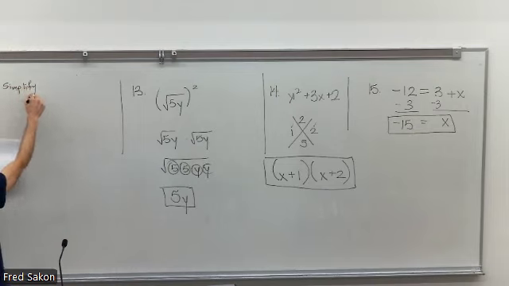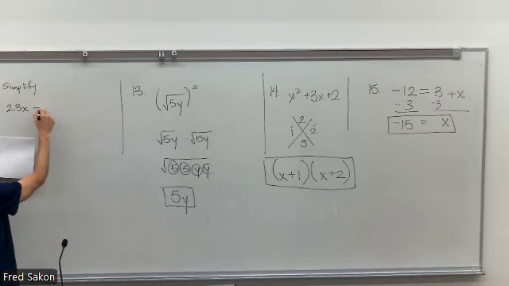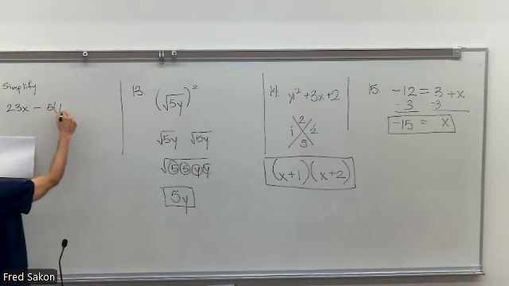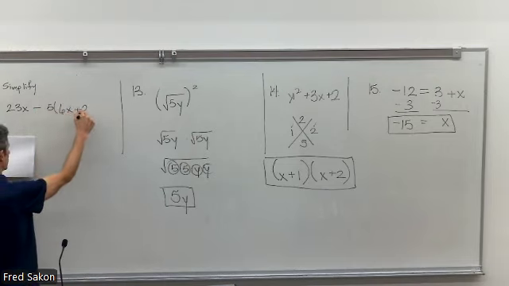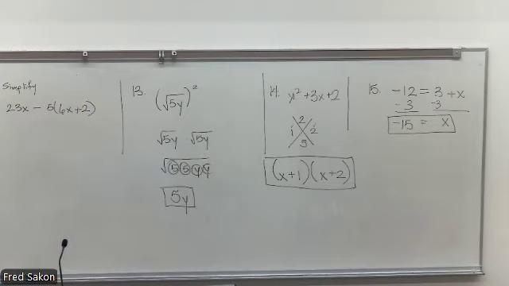For number 16, we are just tasked with simplifying the expression. It has 23x minus 5 times 6x plus 2. This stuff can't be combined in here, so what do we want to do? Yeah, what can we do there?